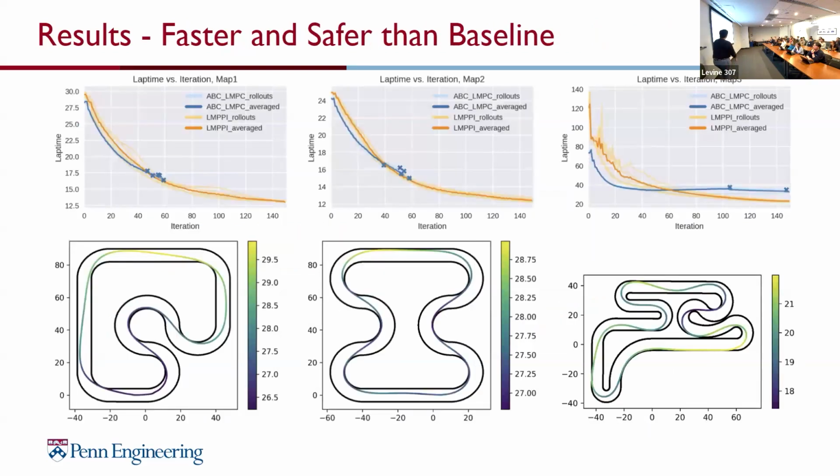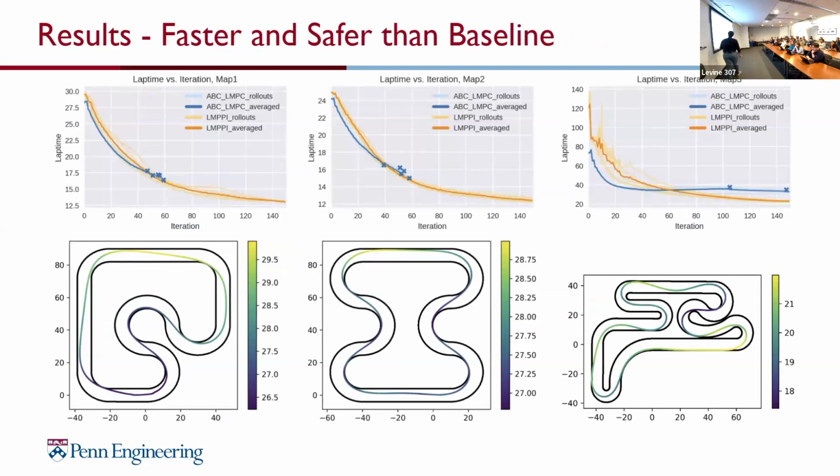Additionally, we also compare for the racing setting with the ABC-LMPC, which is the baseline that we're comparing with. And we can see that not only do we get faster lap times, we also can guarantee that we never crash. Shown in blue are the trajectories of the ABC-LMPC that crashed at some point in the trajectory.